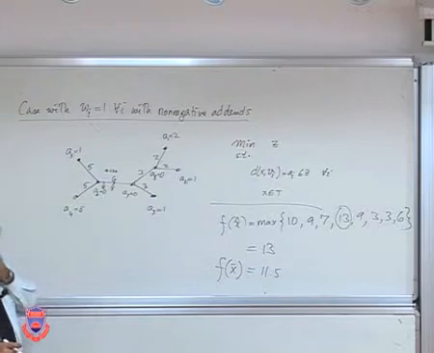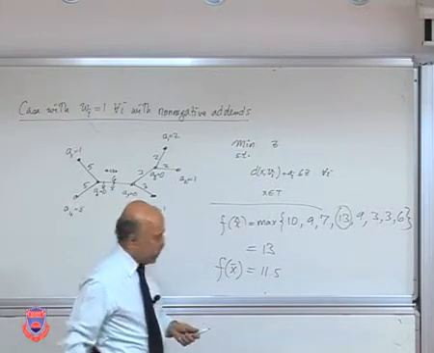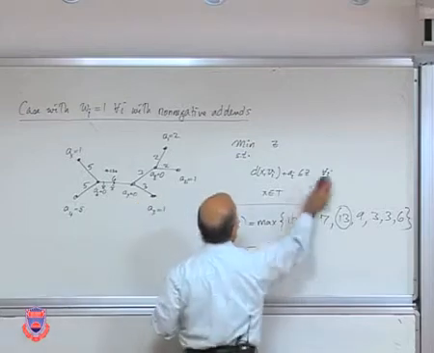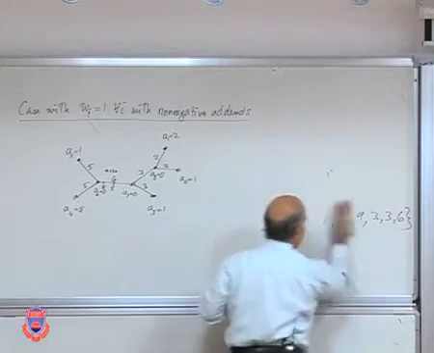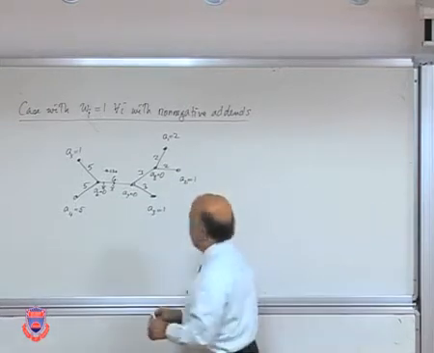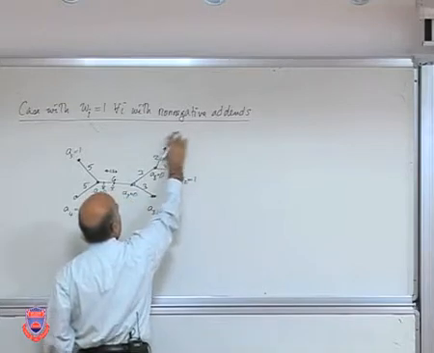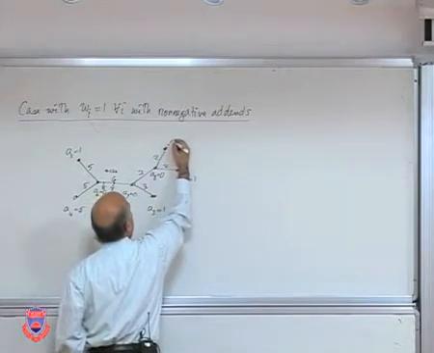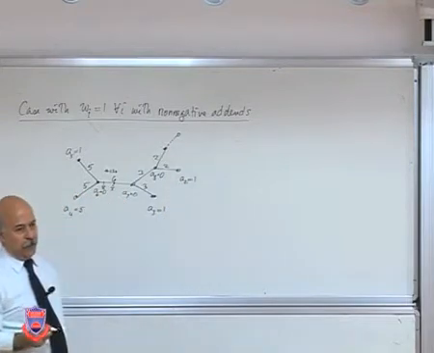And the other way to solve this is simply to transform this into a new problem. I'm going to erase this now. In the following way, I simply add new vertices.